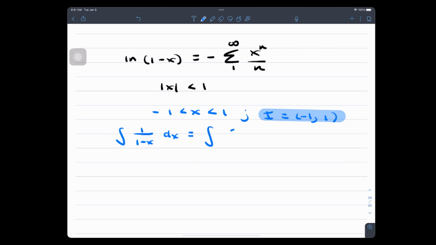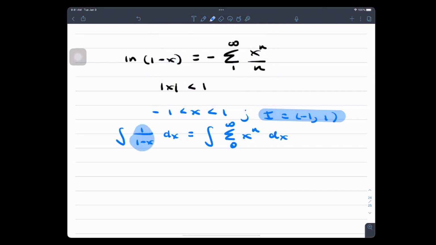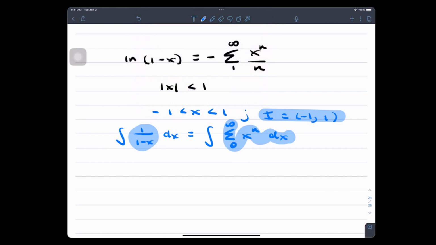And that came from the integral of x to the n, sum from 0 to infinity, dx, if you guys remember, something like that. And so the interval of convergence for this power series comes from the fact that this was geometric, meaning the absolute value of r, which was the absolute value of x, has to be less than 1.